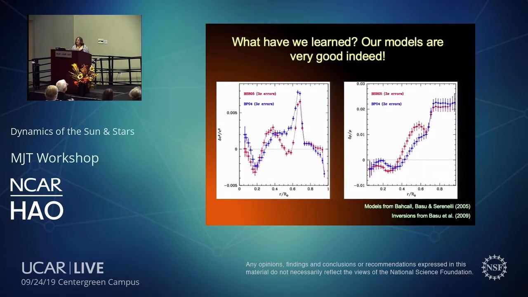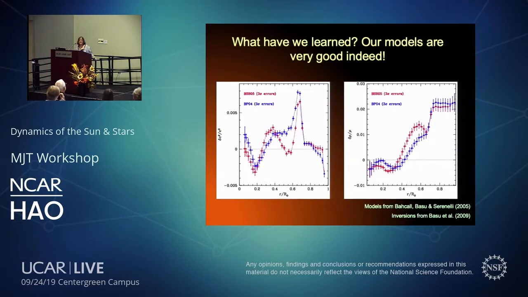Now, the thing that made helioseismology famous in non-solar physics circles is the solar neutrino problem. Now, people in the audience above a certain age know the solar neutrino problem intimately. It dominated our lives for many, many decades.